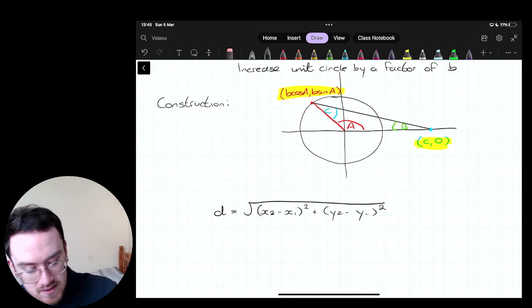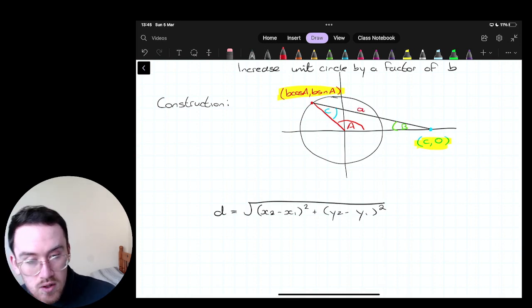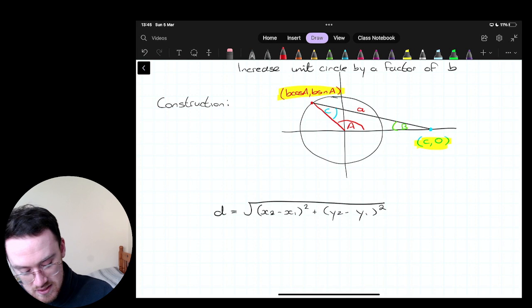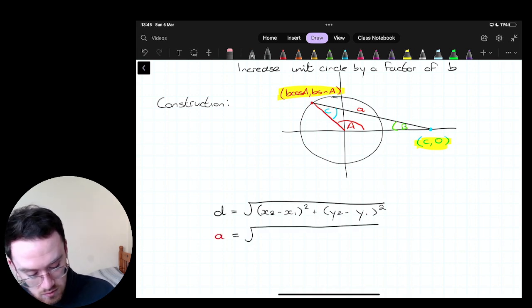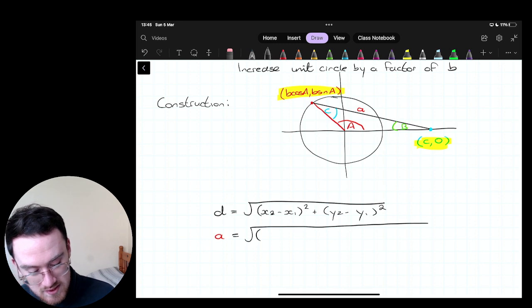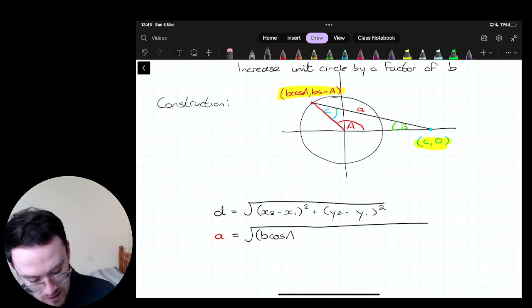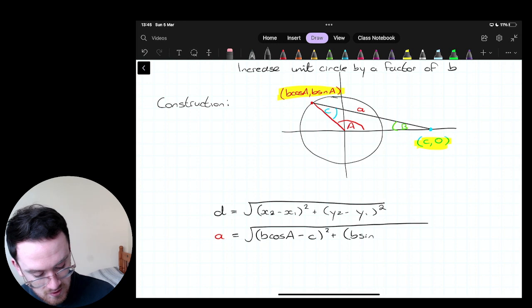Given that this is angle A, we can call that distance side a. So side a is equal to the square root of (x2 minus x1) squared plus (y2 minus y1) squared. Let's take as x2 the b cos A, and x1 then is c, and the y part is b sin A minus 0, squared.